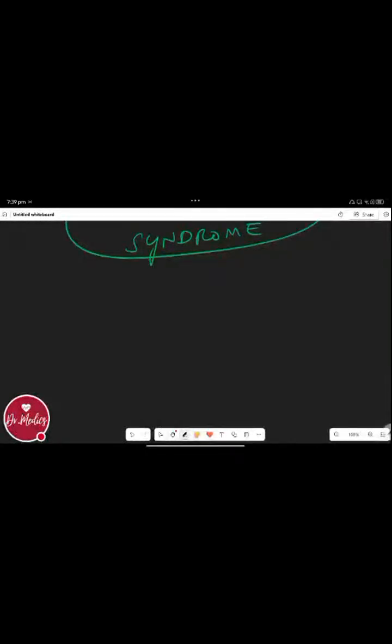So the next clinical anatomy is of the metacarpal bones.